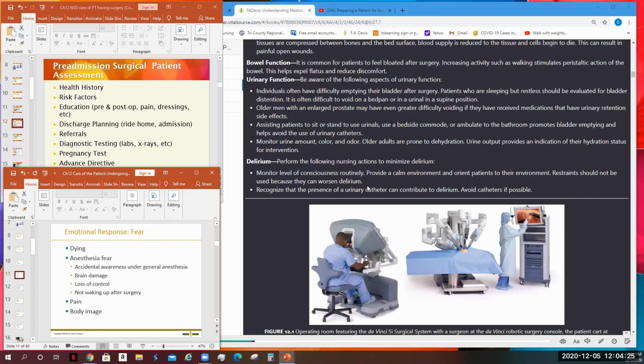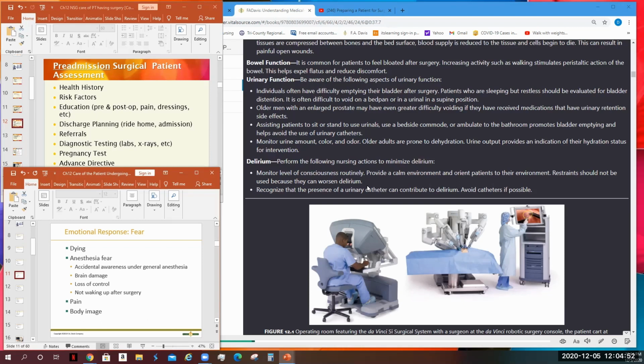Urinary function. Be aware of the following aspects of urinary function. Individuals often have difficulty emptying their bladder after surgery. Patients who are sleeping but restless should be evaluated for bladder distension. It is often difficult to void on a bedpan or in a urinal in a supine position.